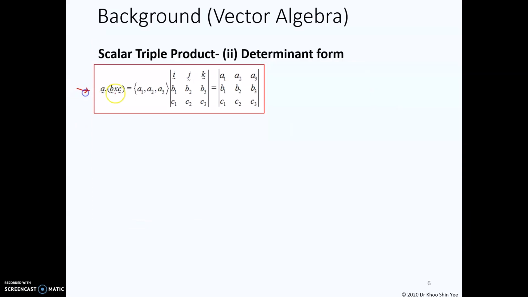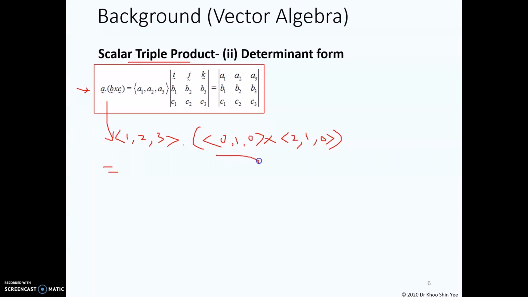So if you perform B cross C first, and then take the A dot with B cross C, then this is called the scalar triple product. For example, if you have vector 1, 2, 3 dot with, in bracket, let's say you have 0, 1, 0 cross with 2, 1, 0.